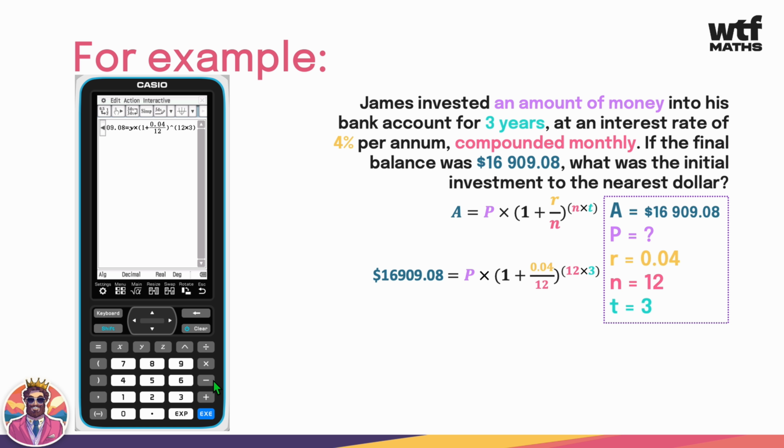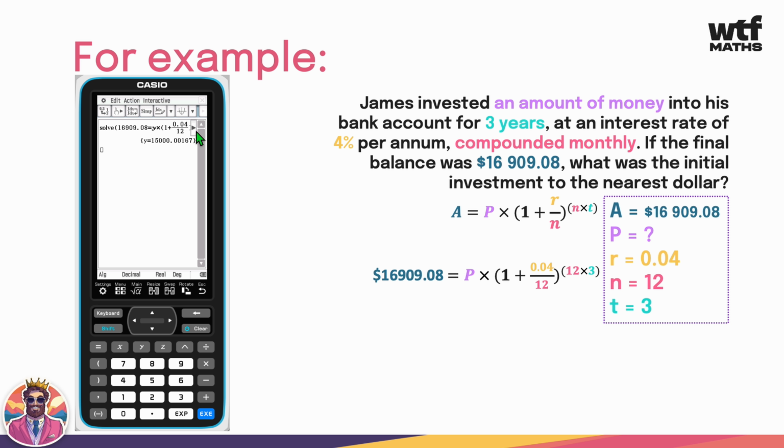Even though we've used y, the ClassPad won't exactly know what y is. So if I just press exe now, it's going to say no solution because the ClassPad can't figure it out. But if at the very end of my equation I just add a comma and then y, and then I close my bracket, I'm just saying, hey ClassPad, here's my whole equation. Please tell me what y is. And the ClassPad is very happy with that answer.